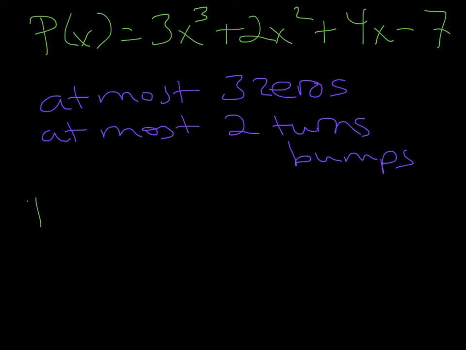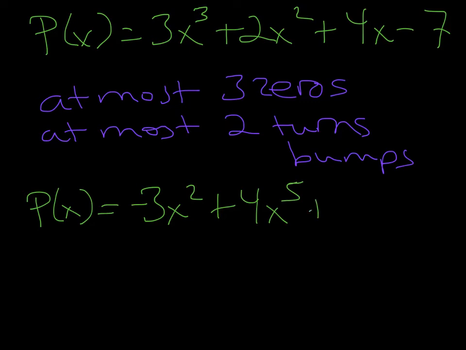Let's do another equation. P of x equals negative 3x squared plus 4x to the 5th plus 7x. Be careful, because this is a fifth degree equation. These are not in descending order. Sometimes problems will be given to you where they're not in descending order.